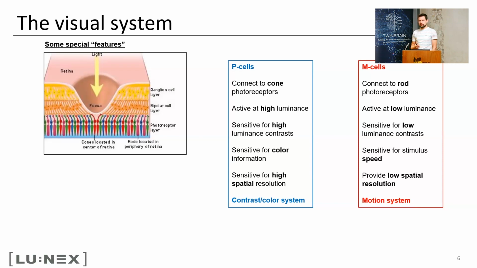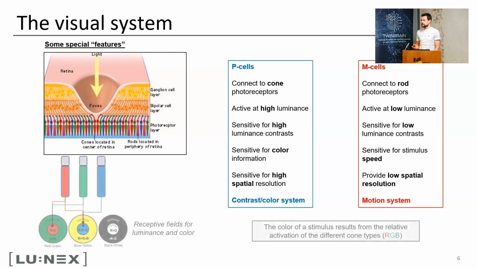That is important when it comes to the investigation of motion information, because these cells are speed sensitive, and also later in the visual system, and they only provide a low spatial resolution. Because we have larger receptive fields, we are merging more signals into one of these cells, so the spatial resolution is way lower when compared to the P cells. This is the motion system, a system that is used for detecting motions. And that is later what we have to consider when designing our stimuli.